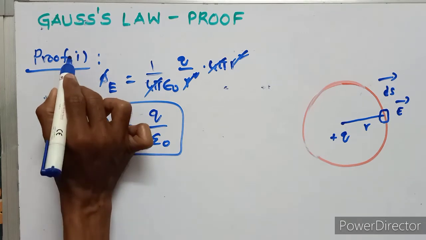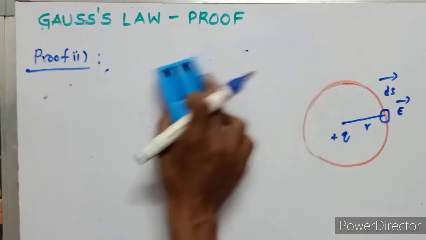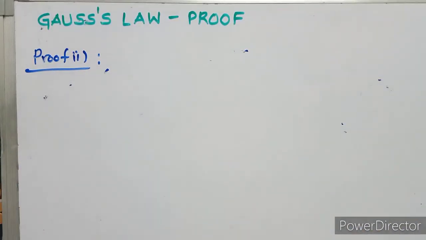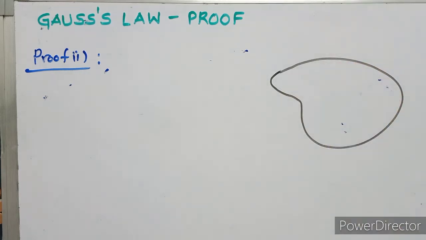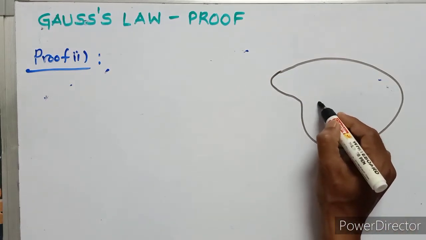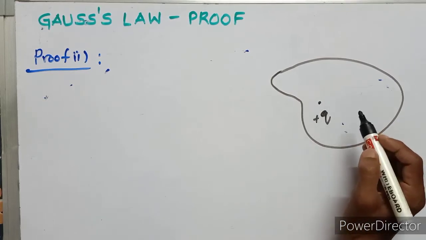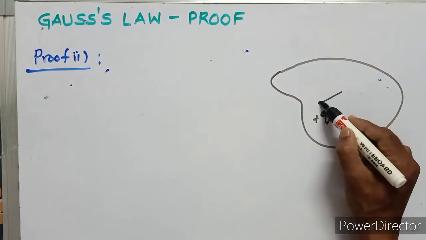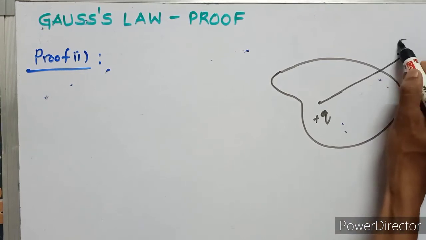Our second proof is for any Gaussian surface. For example, this is any Gaussian surface, with a plus q charge at a point inside. This is the electric field.